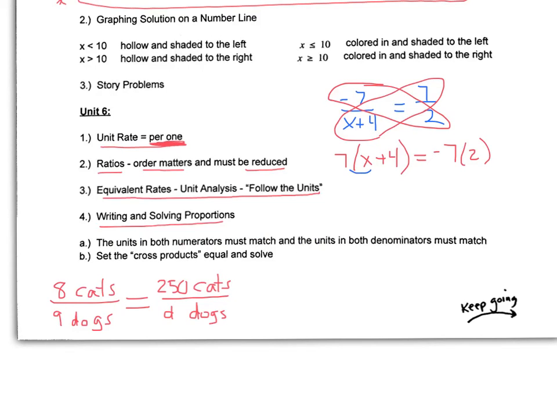Here I have to distribute. 7x plus 28 equals negative 14. Now I'm just solving. Subtract 28. 7x equals negative 42. And then last step, divide by 7, and you get x equals negative 6.